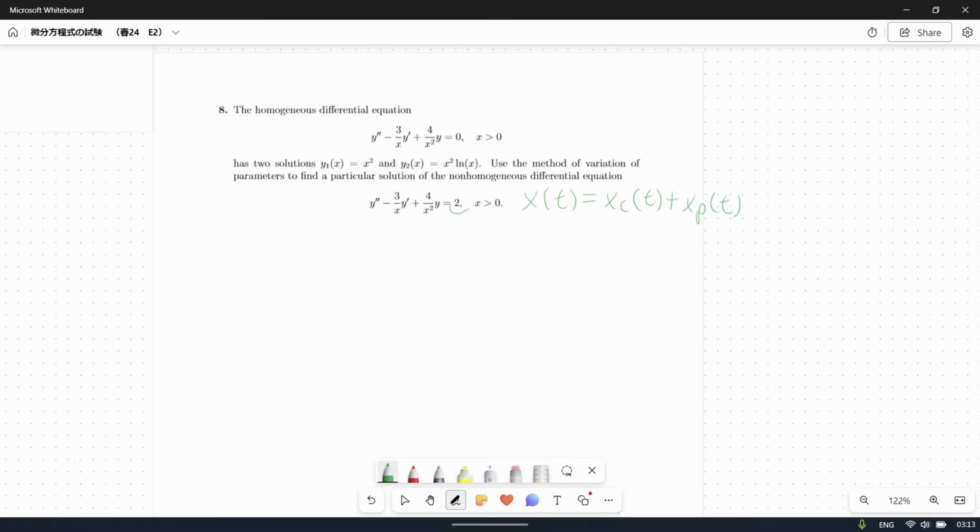And to find the complementary solution of an inhomogeneous linear differential equation, it's the same process as a homogeneous one, where you set up a characteristic equation and go from there. And then for the particular solution, there are two main ways you can do that: by using the method of undetermined coefficients or by using the method of variation of parameters.